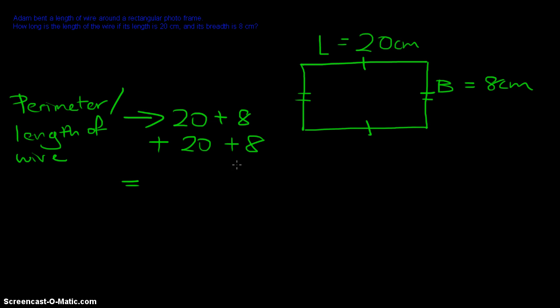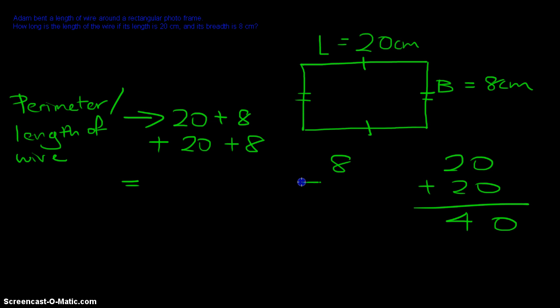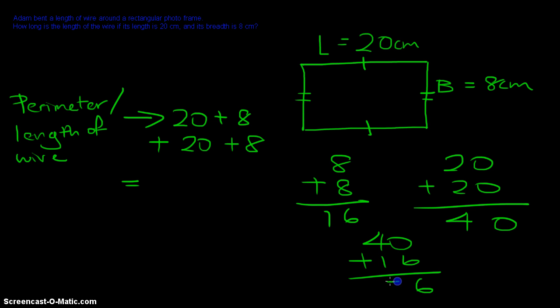When I do my working, I can add 20 plus 20 first, so that is 40. Then I can do 8 plus 8 separately to give me 16. Then I can add these two together, which is 40 plus 16, which is 56. So I know that the length of the wire is 56 centimeters.